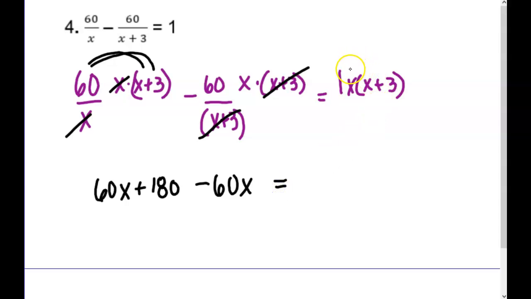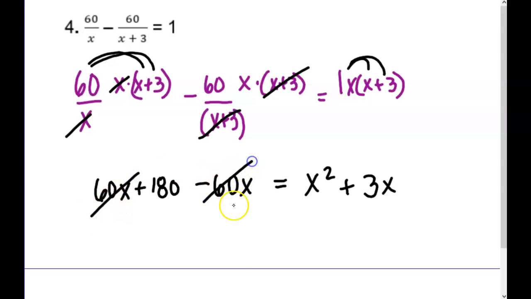And over here, I do have to distribute a 1x through here, so I get an x squared plus 3x. So these were like terms. So what should I do next? Subtract the 180 over to the other side.